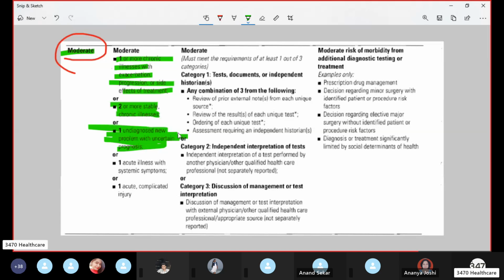We don't know the reason it came. That is the uncertain prognosis. Mostly they're telling about chest pain, abdominal pain and all.